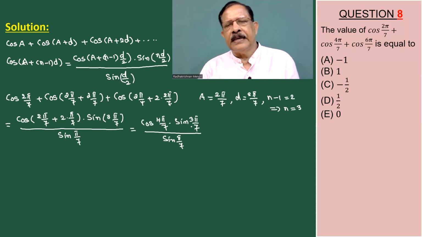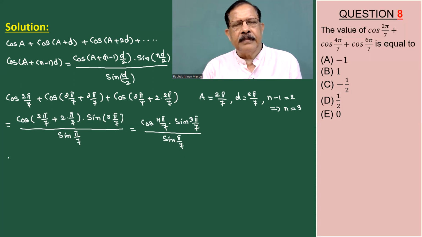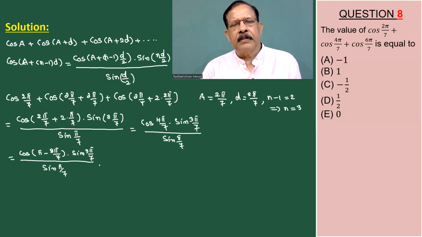In this numerator I am making the angle the same by using the reduction formula. 4π/7 I write as cos(π − 3π/7) · sin(3π/7) divided by sin(π/7). Cos(π − θ) is −cos θ, second quadrant.